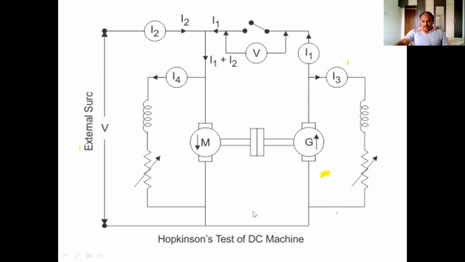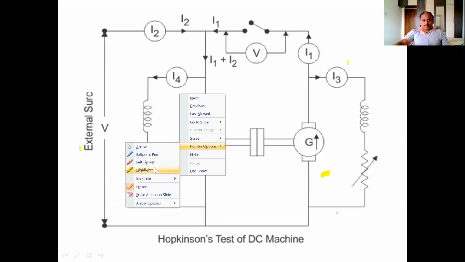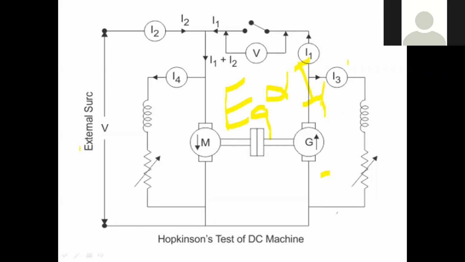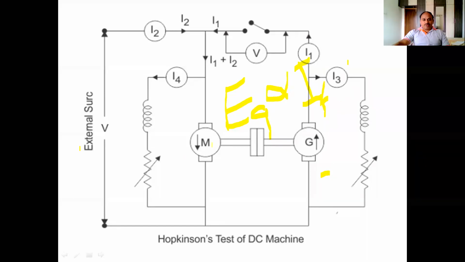What is the relation between generated EMF and field current of the generator? EG is proportional to IF. What is the relation between speed and field current of the motor?